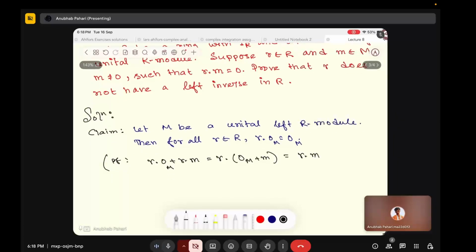So from the right cancellation property, this implies that r dot 0 equals 0.